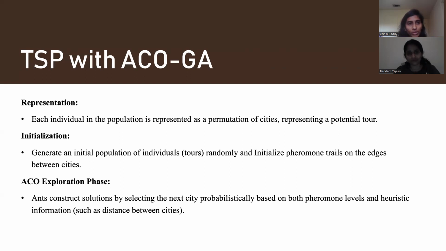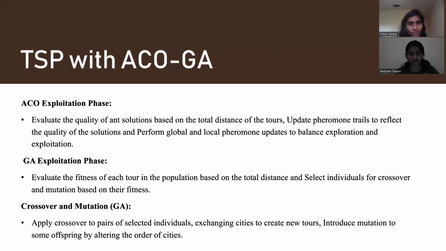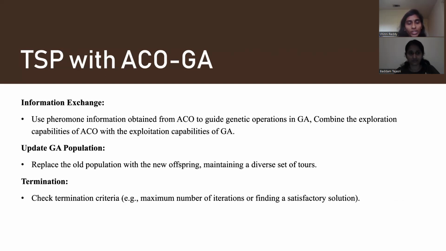Let's take an example of the traveling salesperson with ACO-GA. Here, we take the individuals as permutations of some cities, and assign some pheromone to the edges between those cities. The output of this ACO algorithm is then fed to the genetic algorithm for selection, crossover, and mutation. In this way, we find the best possible solution by the combination of ant colony optimization and genetic algorithm.